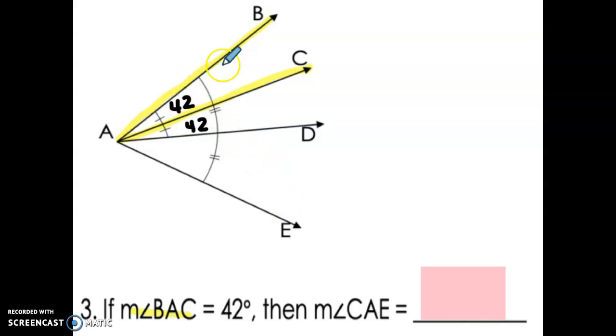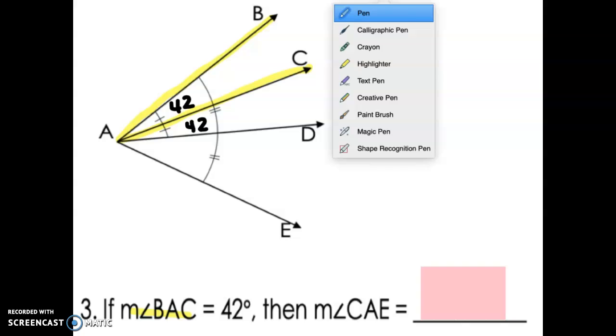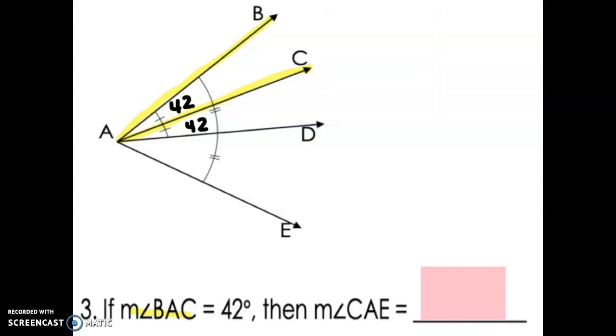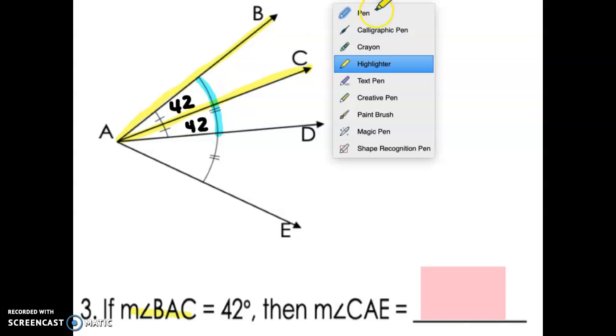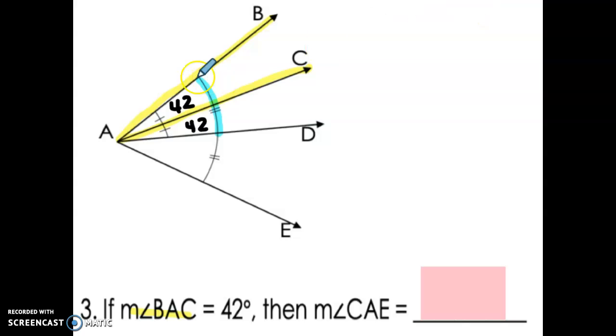Alright, so if BAC is 42 and CAD is 42, that would tell us that this whole angle right here, BAD, would be whatever 42 plus 42 is, which when you put that in your calculator, you're going to see that this is 84 degrees.